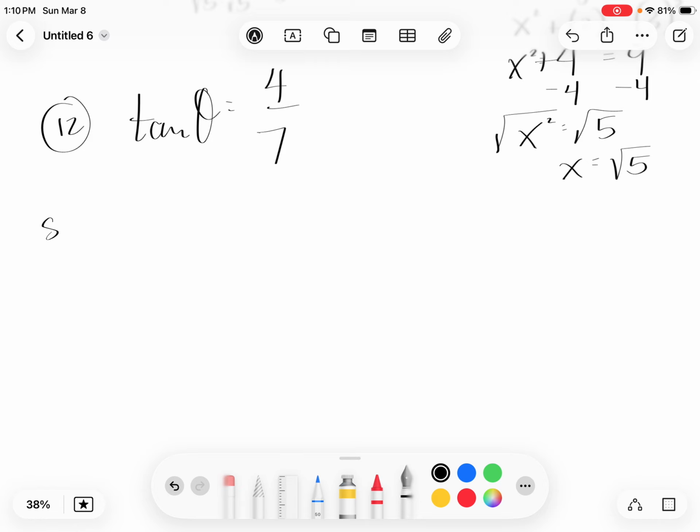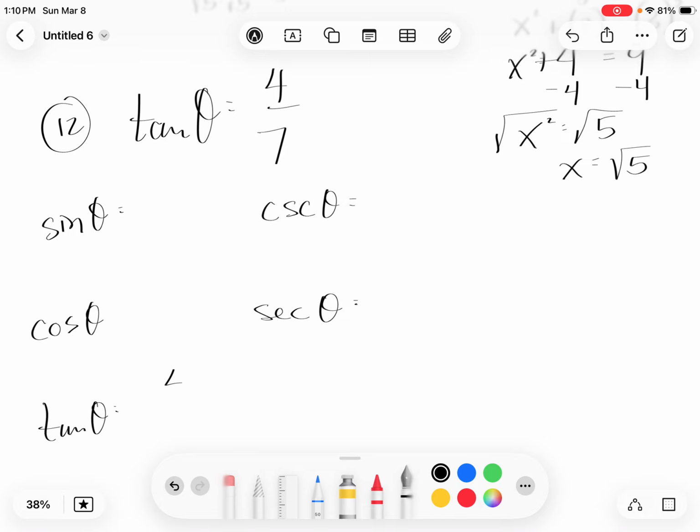So sine, cosecant, cosine, secant, tangent, 4 over 7. Cotangent, 7 over 4.